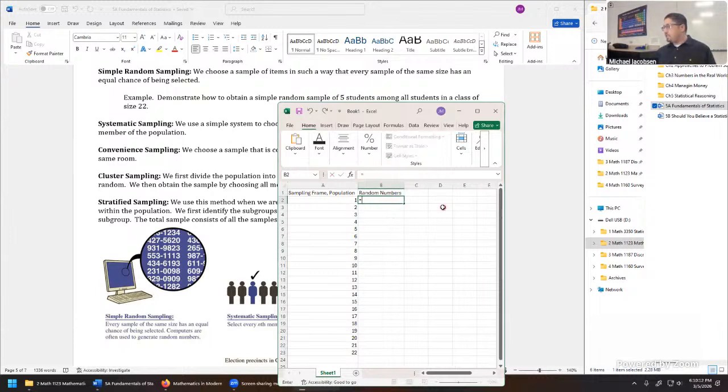And what I'll write is equals, go RAND for a random number. If you go parentheses like these, you don't put anything inside there, you get a random number between 0 and 1. So there it is, one random number. And anything you do on an Excel sheet is going to change that random number.